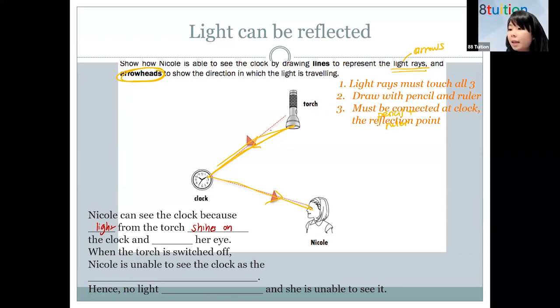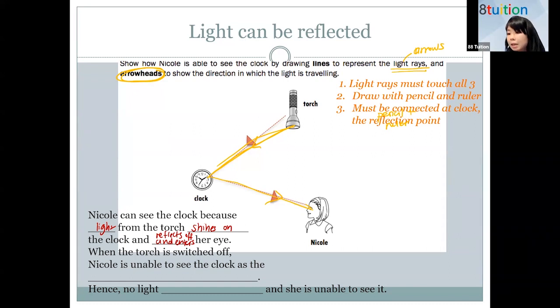So we are describing this arrow here. And Yanqing, can you fill in the next blank for me? Reflect off. Yeah, something is missing. Reflects off and enters her eye. Very good. I don't know whether your slides are like that also. Whatever it is, just fill in the blanks, okay?